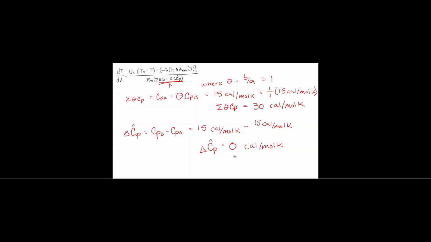So now we have all of our variables simplified for our temperature profile equation. So we will move on to the second equation that we need to solve this problem, and that is our mole balance design equation for a PFR.